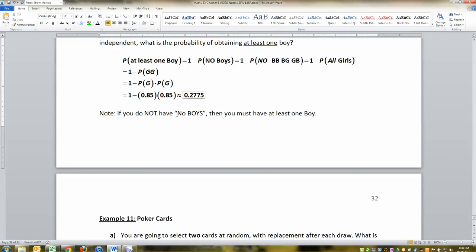Not have no boys means you got some boy, right? Some boy, maybe one boy, maybe two boys, who knows? No boys counts as girl, girl. That's it. If you don't have girl, girl, then you have to have one of the others. And one of the others is BG, GB, BB, right? You have to have at least one boy. You got to be in this group if you weren't over here in this group.